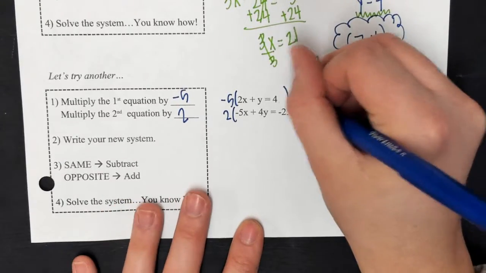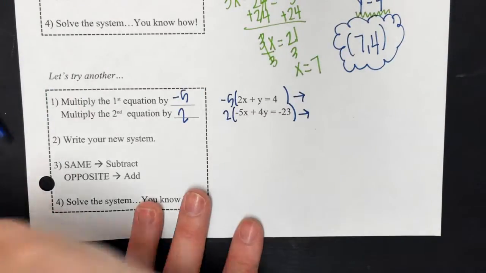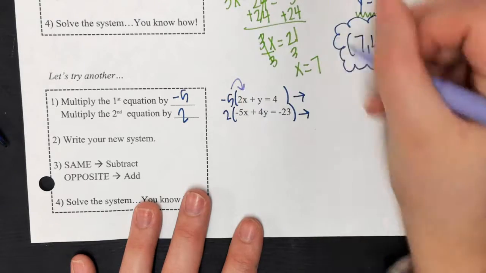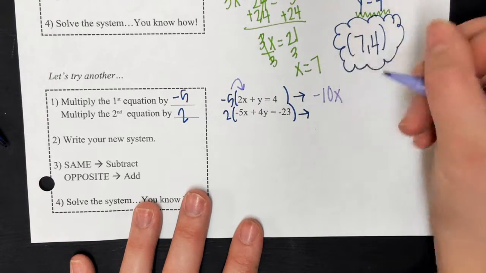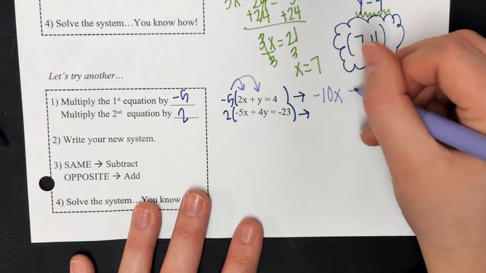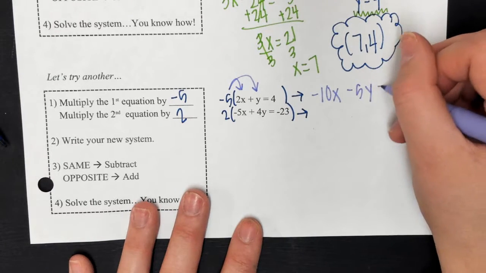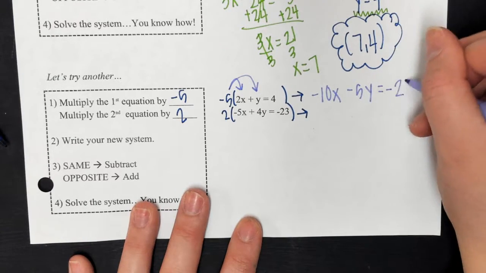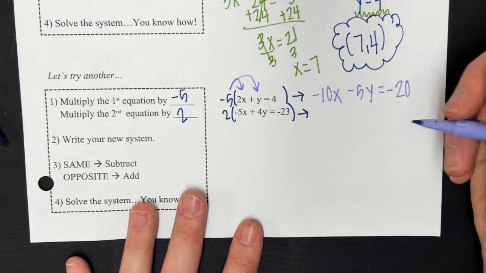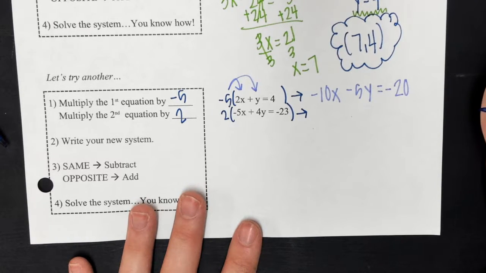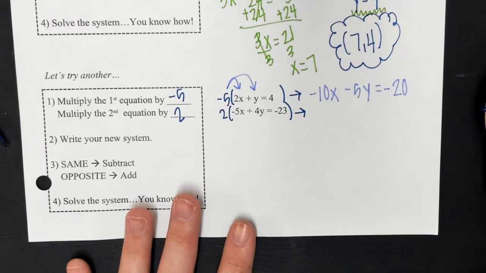Okay, distribute everything. Negative 5 times 2, negative 10x minus 5y equals negative 20. Would you subtract?